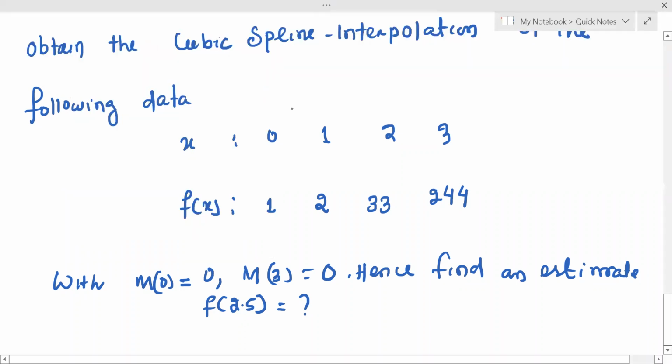Intervals is 0 to 1. This is first interval for cubic. Second interval 1 to 2. Third interval 2 to 3. So that's why m0 is equal to 0 and m3 is equal to 0. This is first point and this is the last point, x0 and xn.